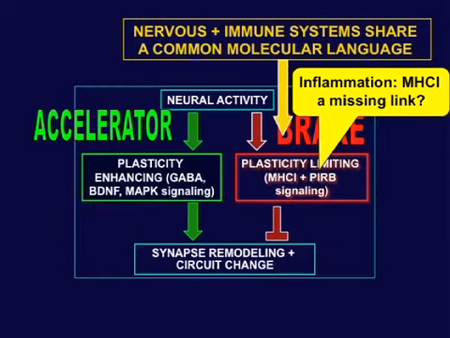Moreover, it's well known that inflammation regulates MHC class 1 levels, not only in other parts of the body, but also in neurons. Many studies show that if you take neurons in culture and expose them to inflammatory cytokines, you can alter the expression levels of MHC class 1.